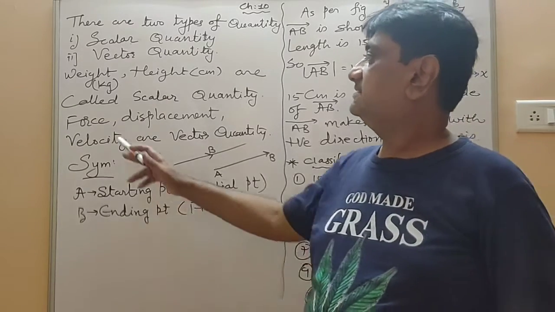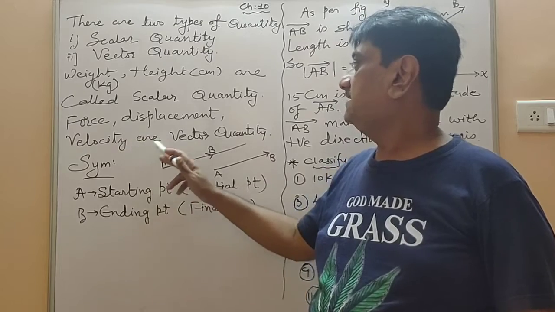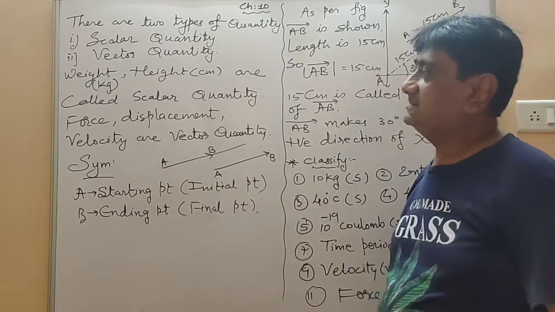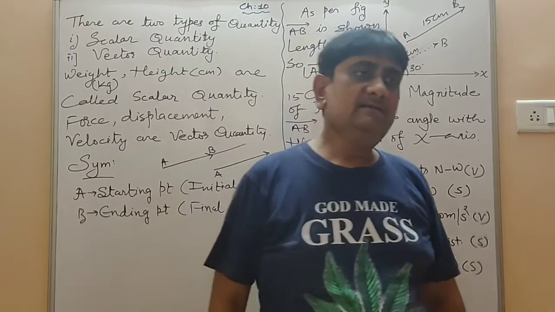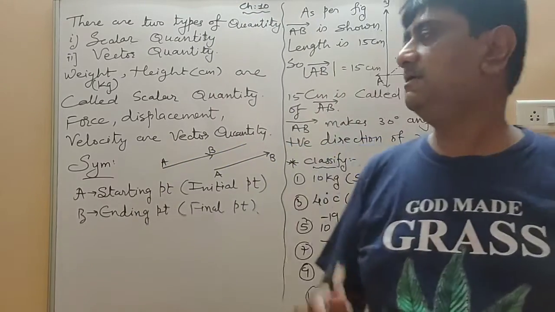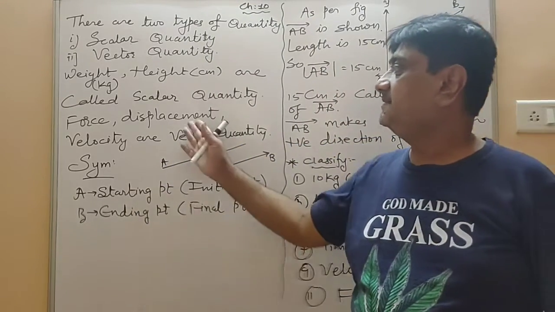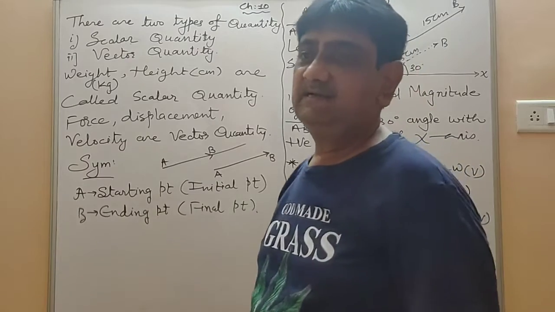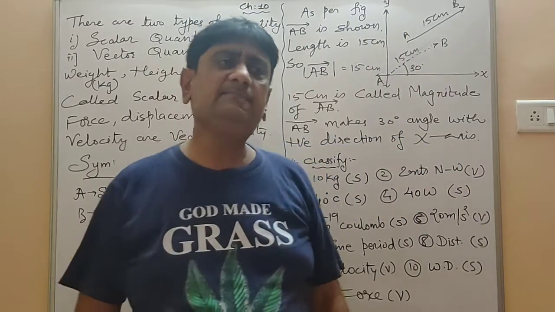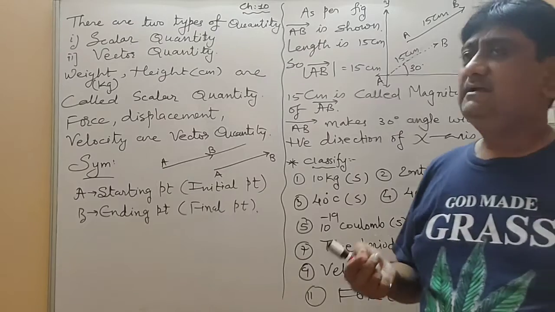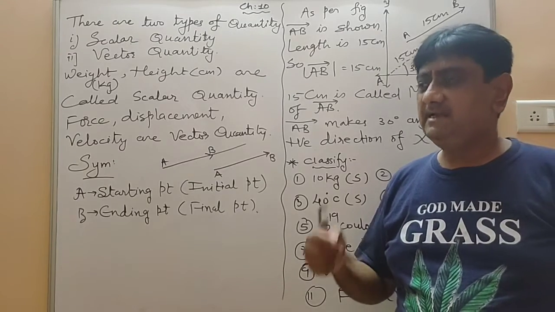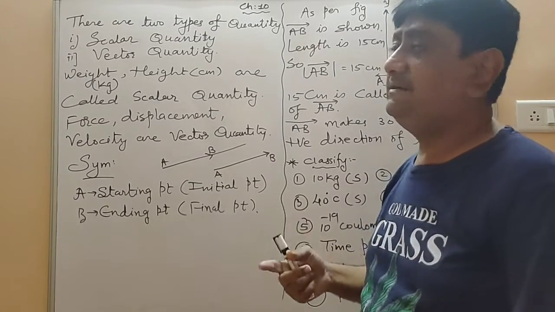And force, displacement, velocity are vector quantities. Suppose you give a force to the body, then you have to show the direction of that force. Displacement, at present one particle is at point A. After giving some force, its displacement is A to B. You have to show the direction.